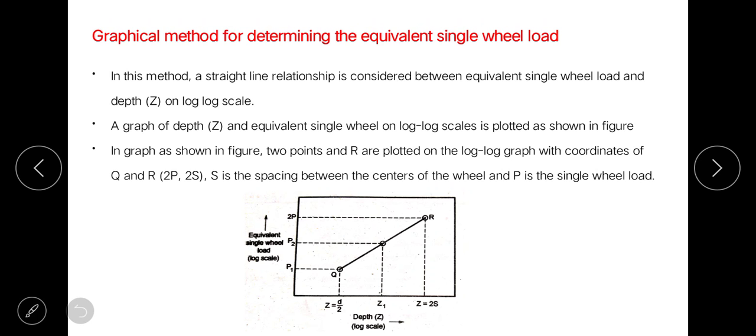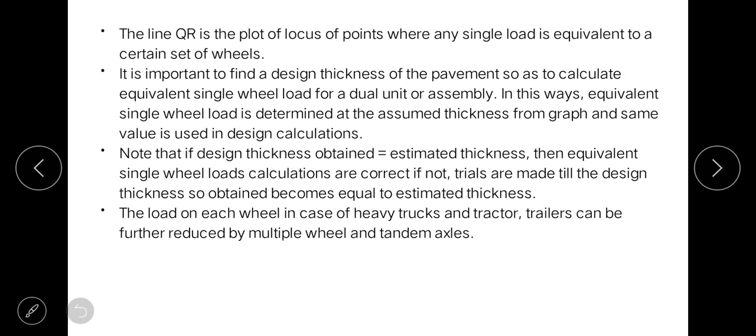To calculate the equivalent single wheel load for a dual assembly, it is essential to estimate the design thickness of the pavement. Thus, the equivalent single wheel load is obtained at the assumed thickness from the graph. The same is used as a design for calculation. Note that if the design thickness obtained is equal to the estimated thickness, then the equivalent single wheel load calculated is correct.